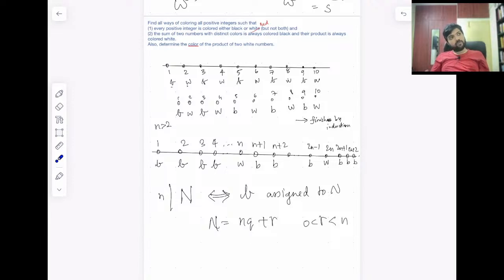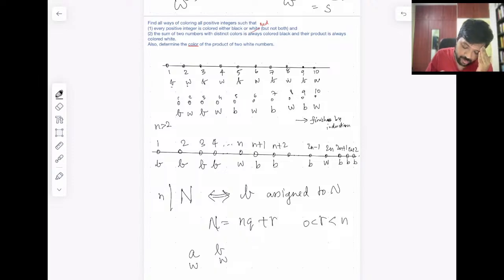How does one prove this? Product of white and black, A is... how do we do this? Supposing A is white and B is white.